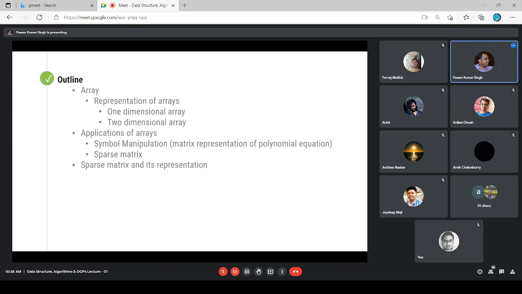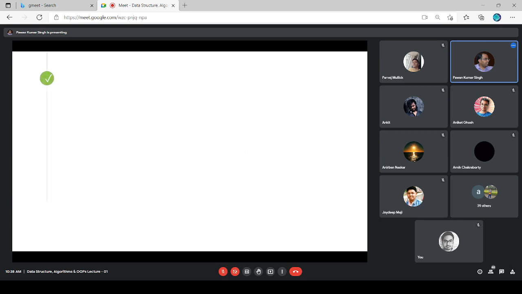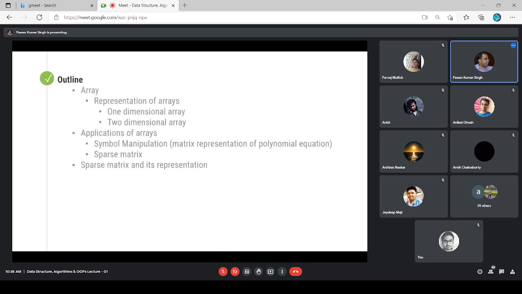So we have different units in this lecture 2. The first unit belongs to the array. You all know arrays, but it is required. It is written in the syllabus that you should have an idea of array. So that's why I have given some slides on the array also.